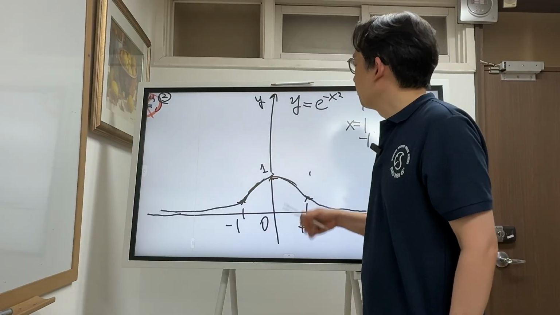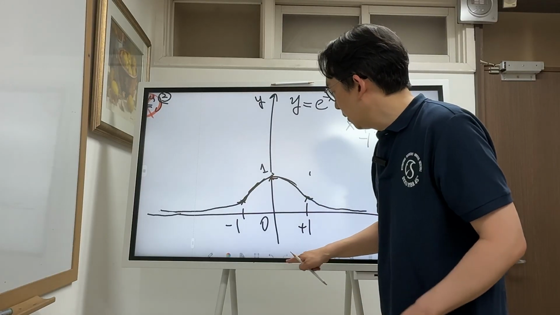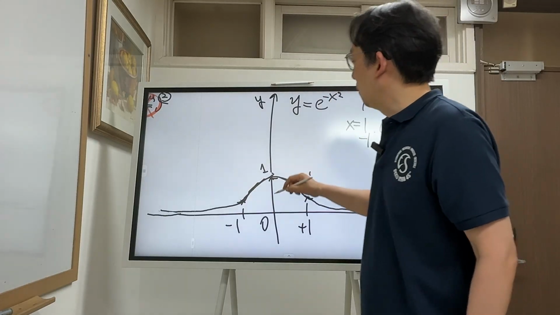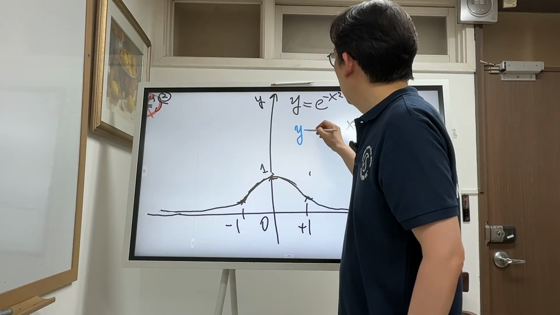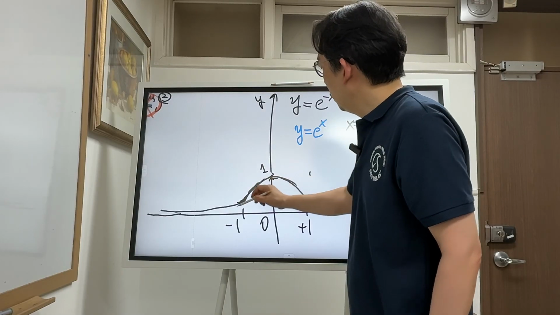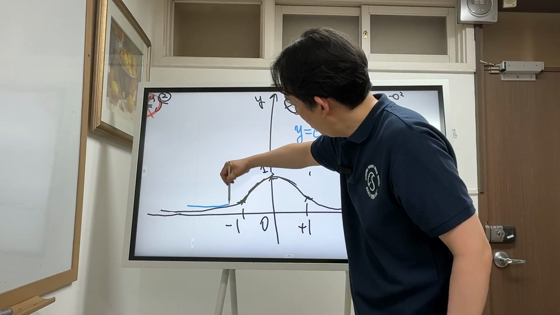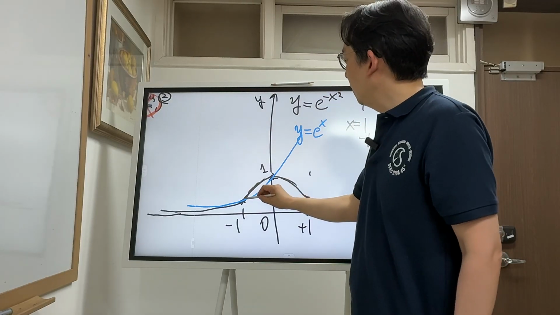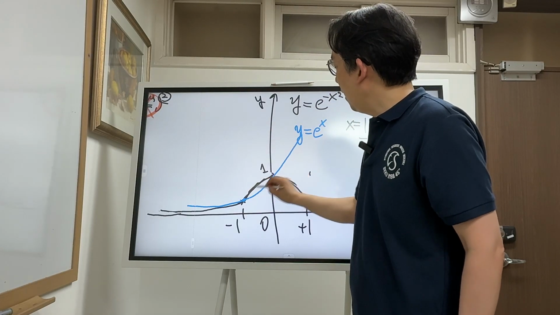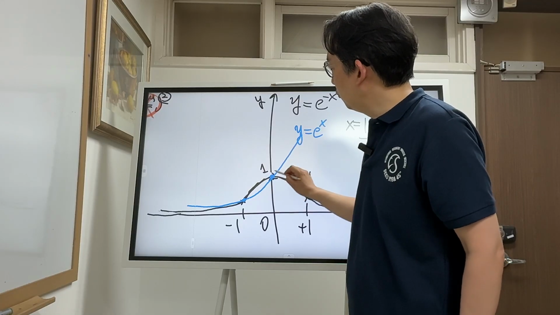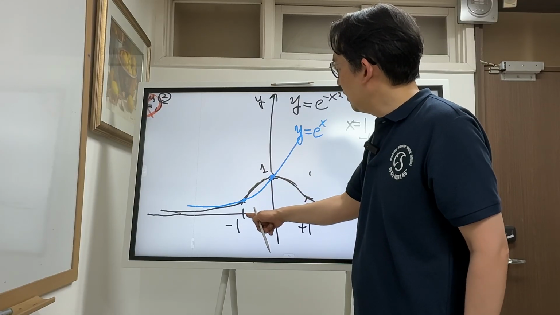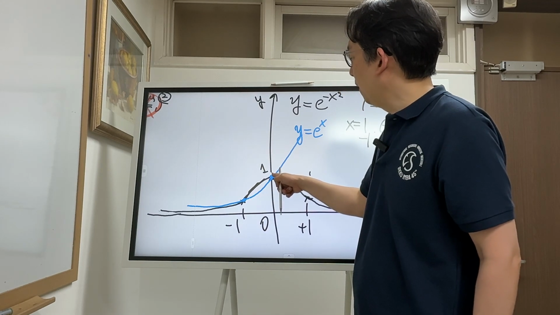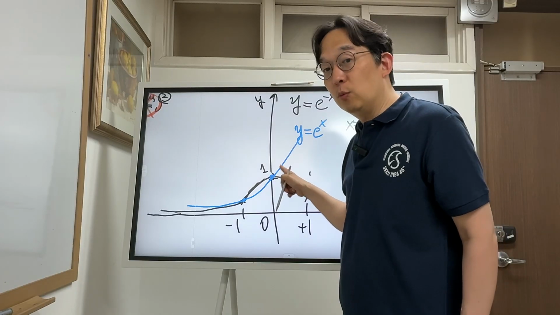Because in the previous video we learned that y equals e to the power of x will go through like this. But both graphs pass through these two points, and as x approaches 0, the blue curve was approaching 1, and the black curve has to approach 1 as well.